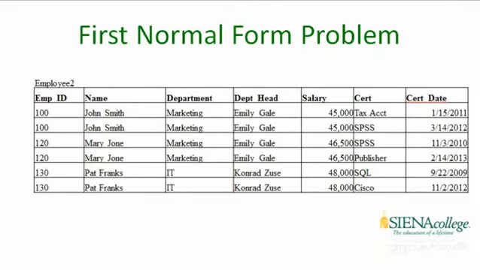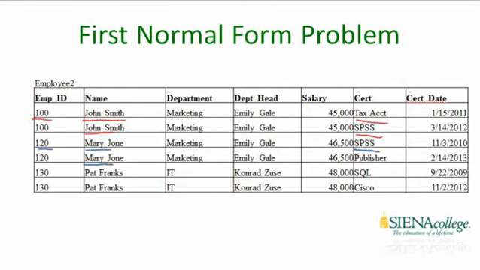Here are our records in first normal form. And the problem that we see is that 100 gives us John Smith, but is it John Smith with tax accounting? Or is it John Smith with SPSS? Similarly, does employee ID 120 represent Mary Jones with SPSS?